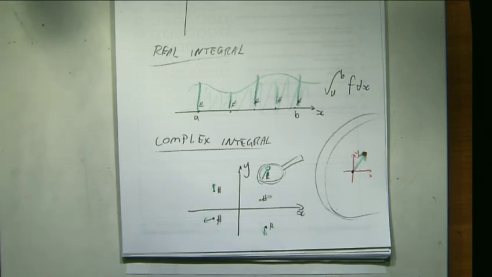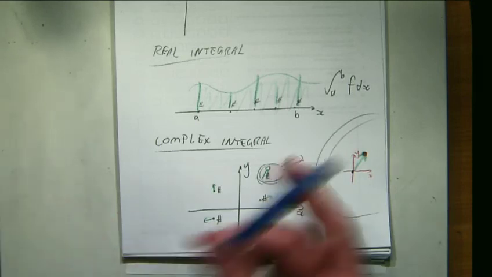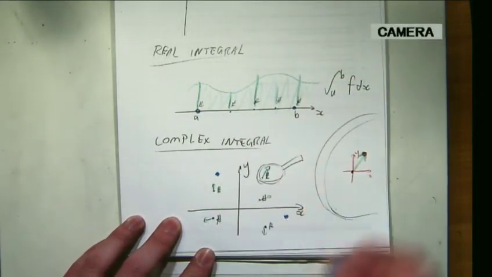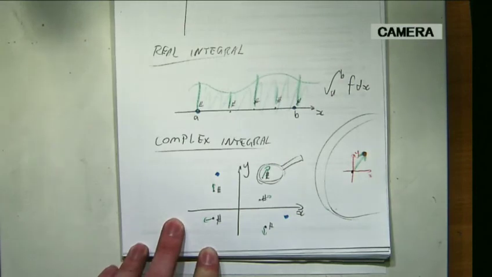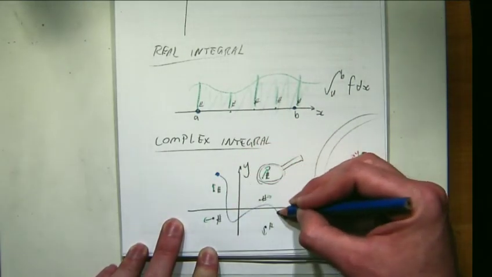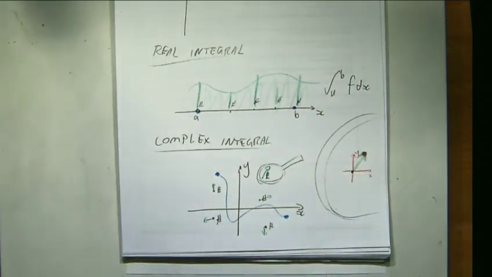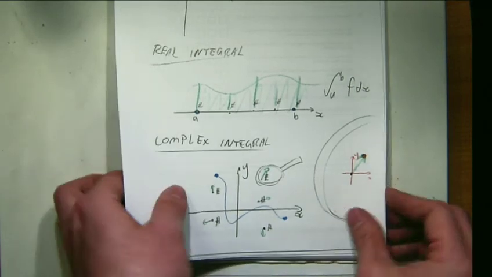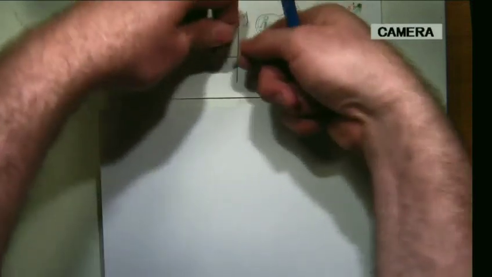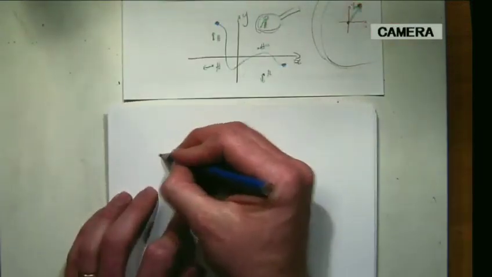But if you have an a and a b somewhere in complex numbers, there's any number of ways to get from here to here. Right? So we have to start thinking about doing them across paths. And if we stretch out that path, so what I'm going to do is I'm going to pull that path out and just draw it along here.